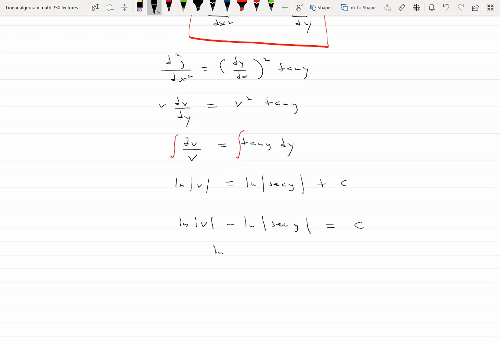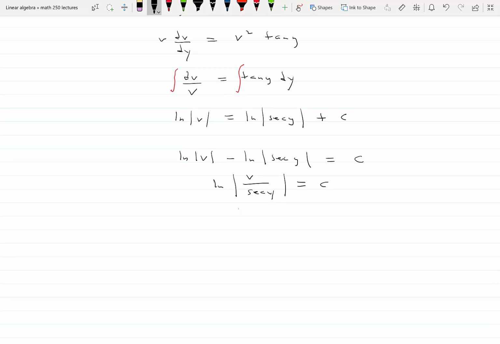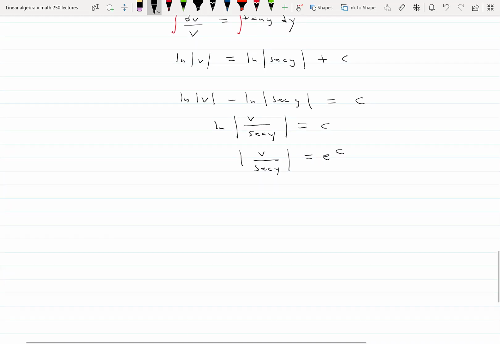So I have, by laws of logarithms, ln of v over secant y equals c. So I have the absolute value of v over secant y equals e to the c. So I have v over secant y equals plus or minus e to the c. Same old trick as we've been using all along.